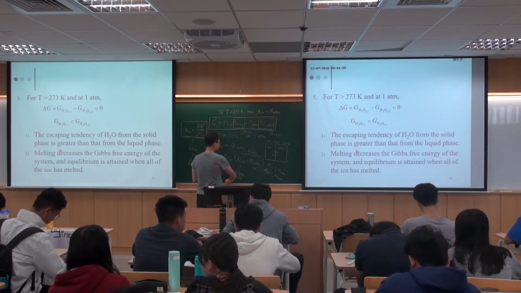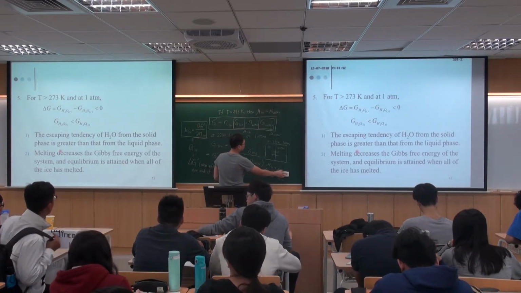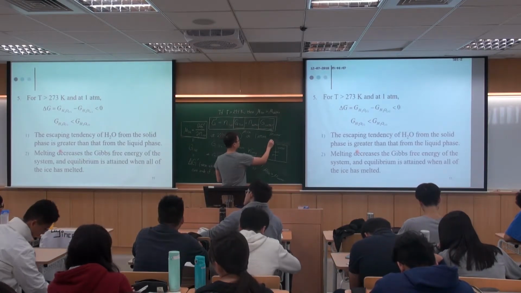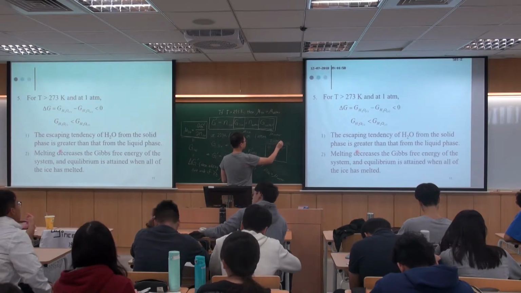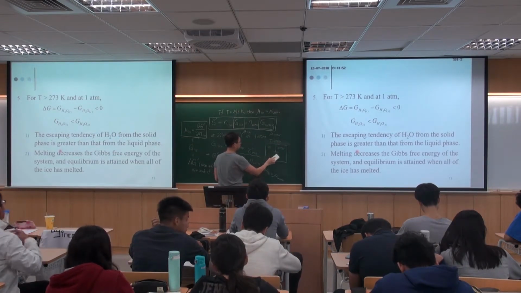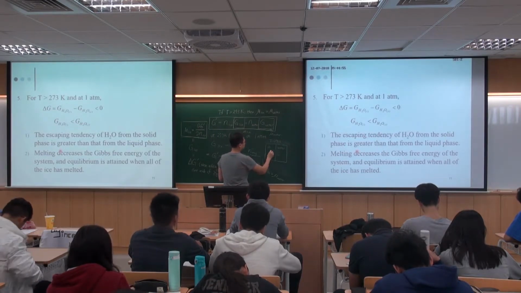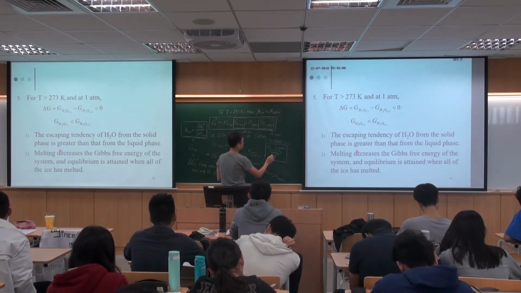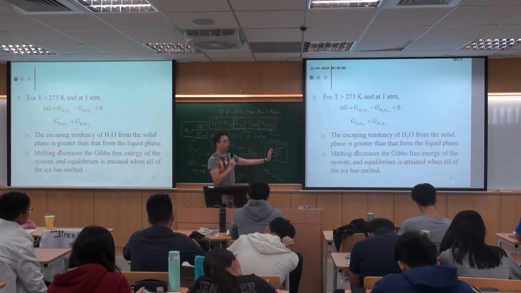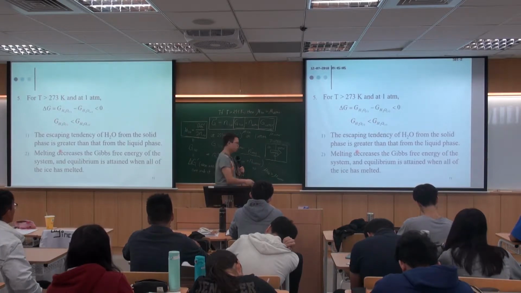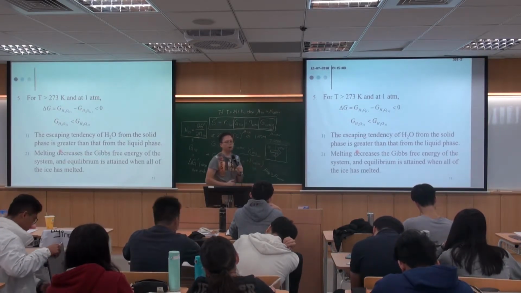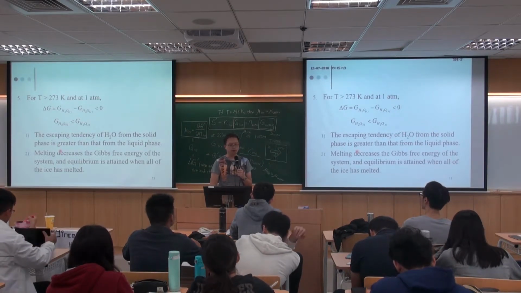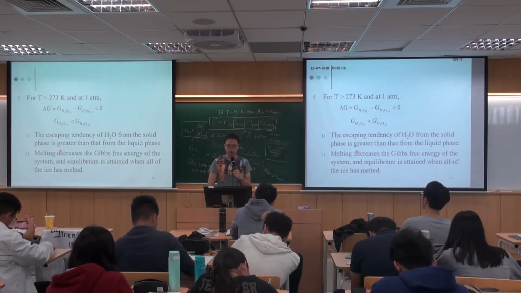So when you're dealing with T greater than 273 Kelvin, you should have, let's say, a greater arrow here, but only a small arrow coming back, because more water molecules, or H2O, will be leaving the ice phase and going into the water phase. Okay? So this is how you describe this kind of behavior using Gibbs free energy.